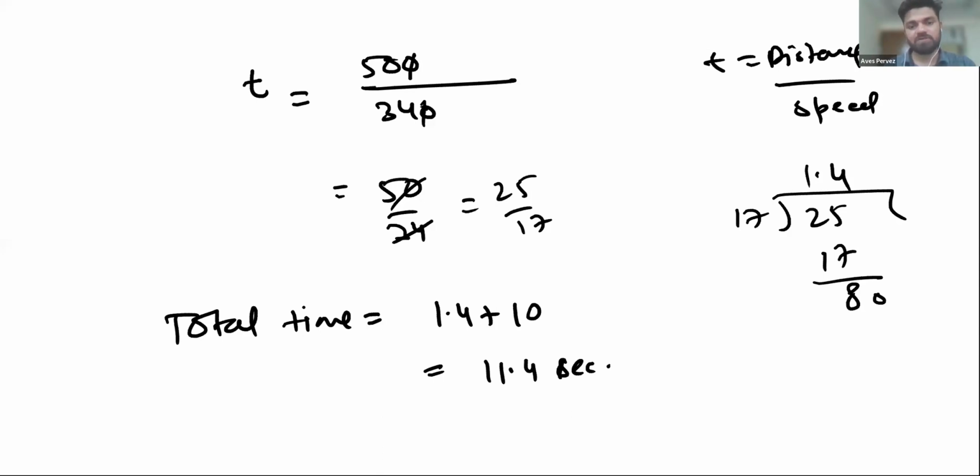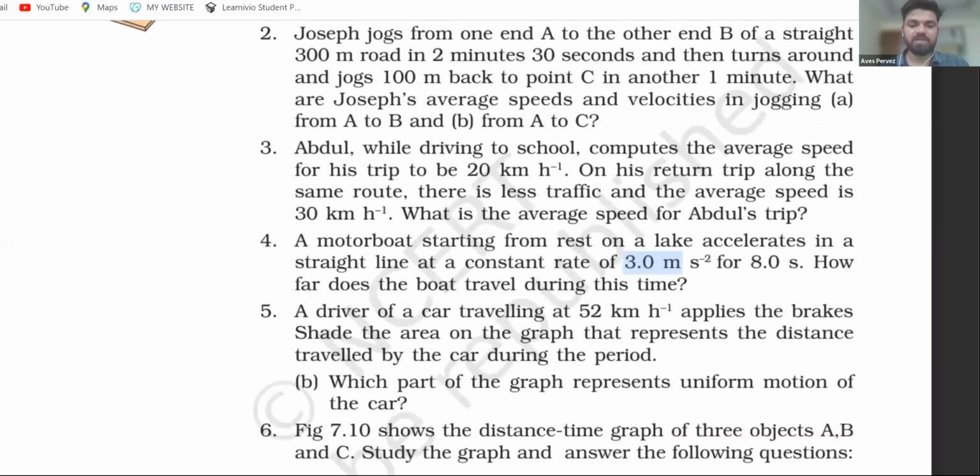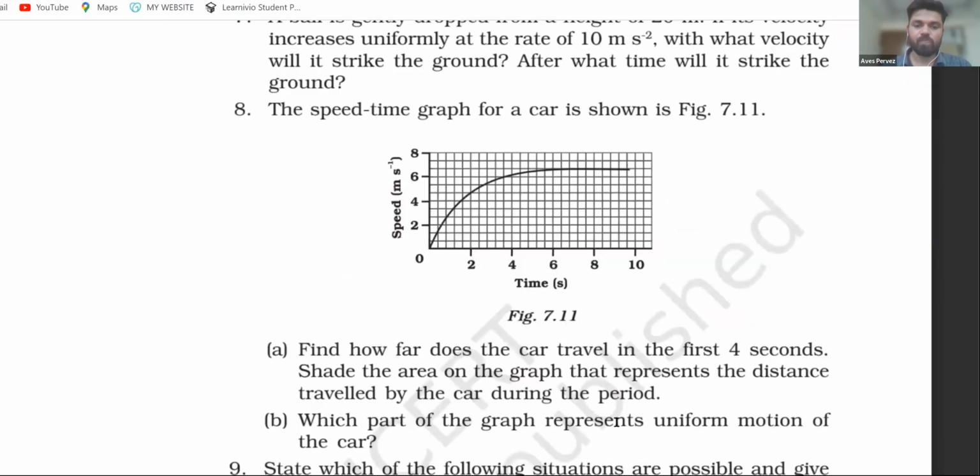Other students, let's concentrate on this question. Simple NCERT questions. These are very easy questions.